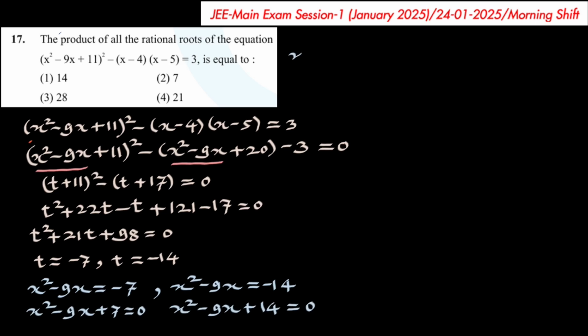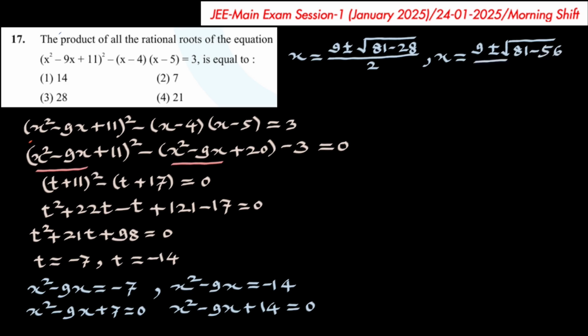x equals minus b plus minus square root of b² minus 4ac upon 2a, which is 9 plus minus square root of 81 minus 28 upon 2, and here x equals 9 plus minus square root of 81 minus 56 upon 2. That is, 9 plus minus root 53 upon 2 and 9 plus minus 5 upon 2.